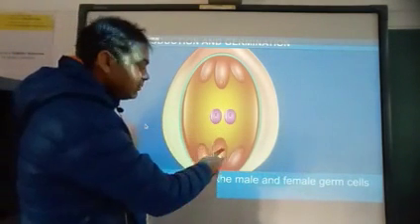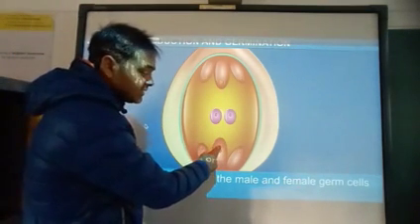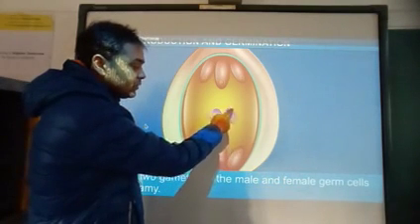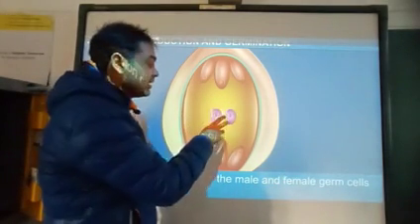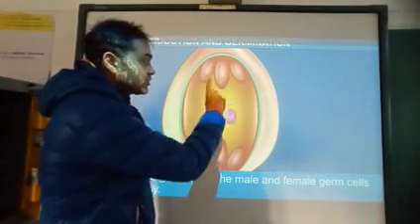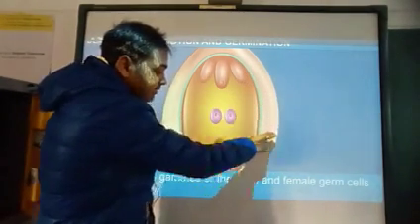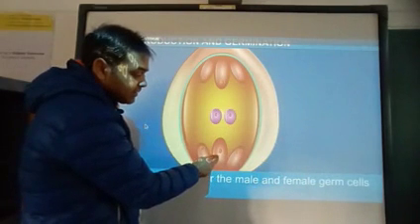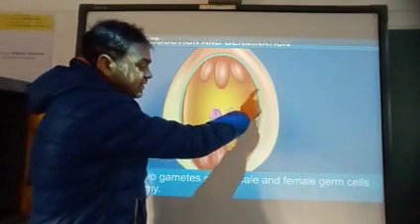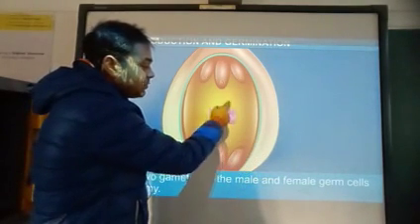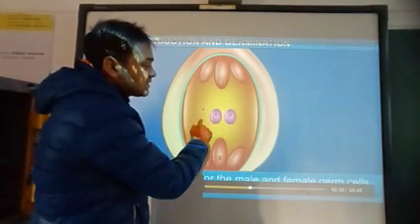So fertilization will take place with this egg cell and with this polar nuclei that is present in the center of this ovule, and it is containing 2 nuclei. One male gamete will reach the egg cell and fuse with its nucleus, and one male nucleus will fuse with the 2 nuclei of the center cell.